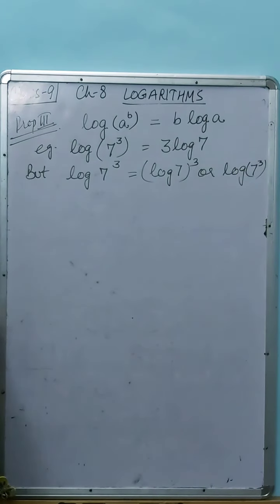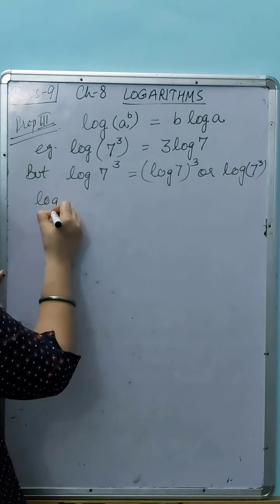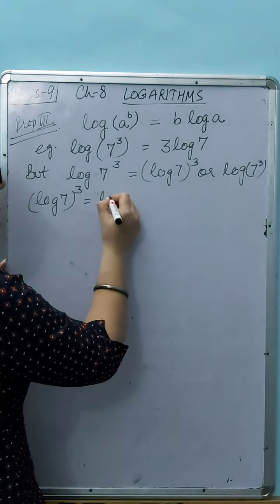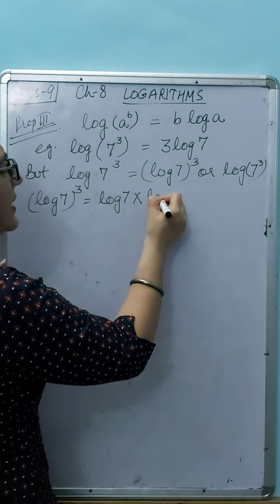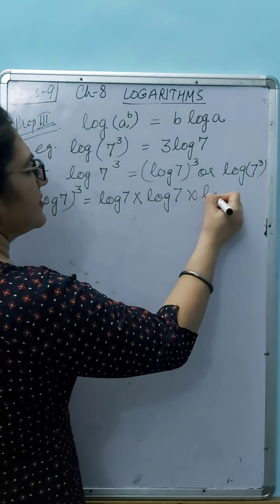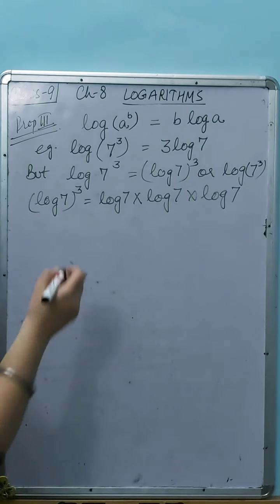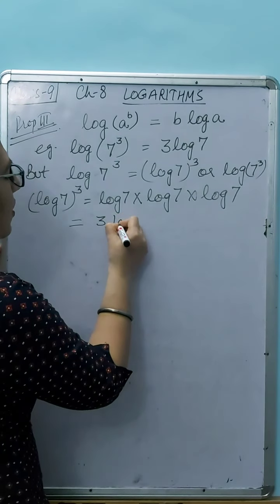So both are different. Whenever you have log 7 raised to power 3, it means log 7 is getting multiplied by itself 3 times. That is never equal to 3 log 7.